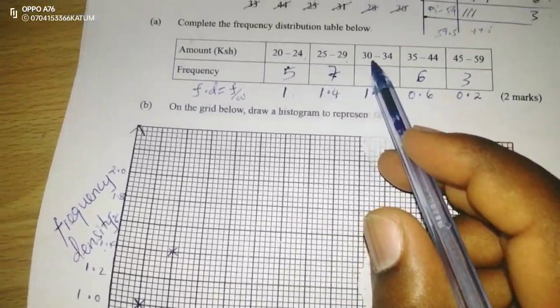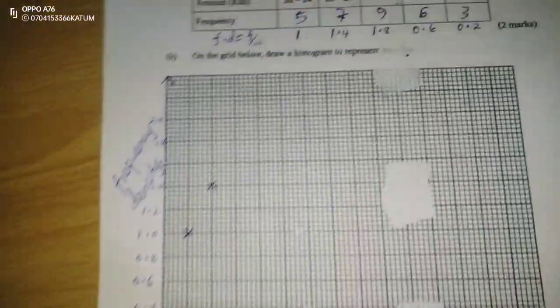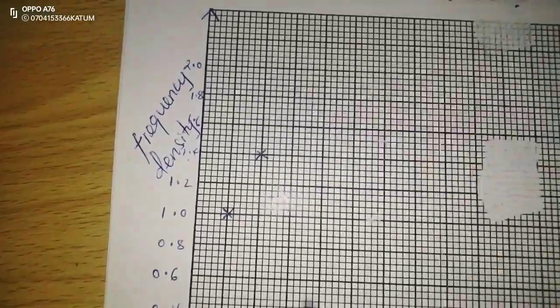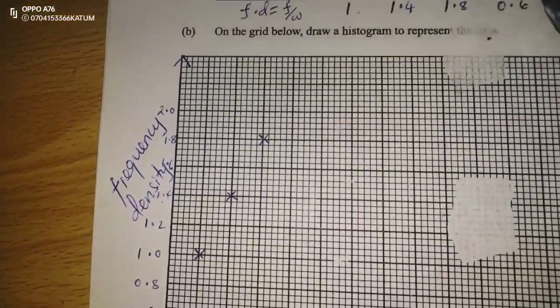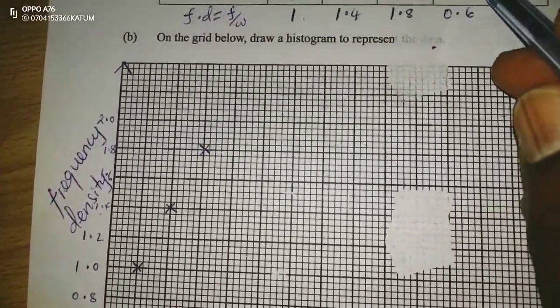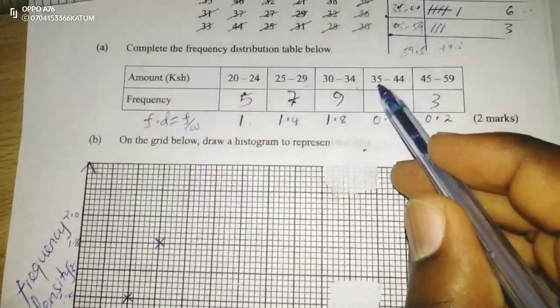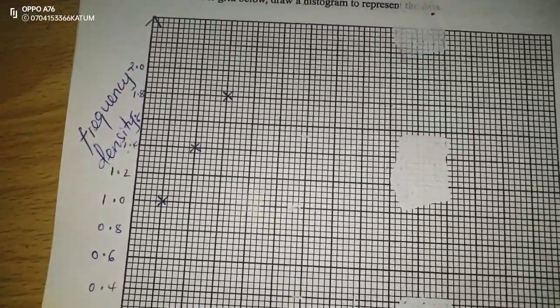The other one is flowing from 29.5 to 34.5. So to 34.5, and the height is 1.8. The other one is from 34.5 running up to 44.5.